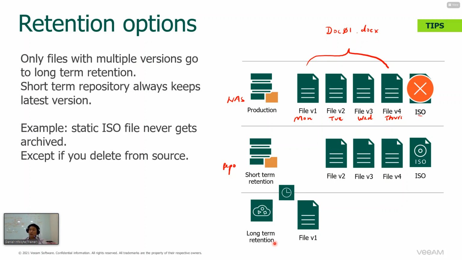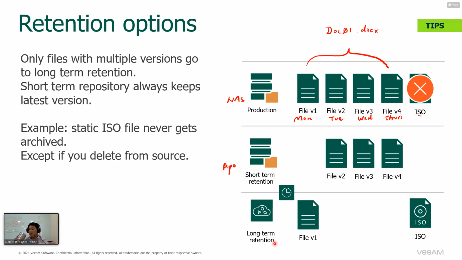So the data in your short-term retention will be considered old data, and it will also eventually start to expire and move to long-term retention later. So this is generally how Veeam organizes your data set, according to your retention policy and your versioning between short-term and long-term retention here.